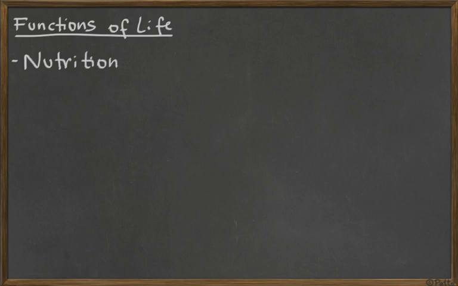So, what are these functions of life that you use to define something as alive? One of them is nutrition. Living organisms need to feed, with air quotes, because they need to get nutrients. Animals get nutrients by feeding, by eating stuff.